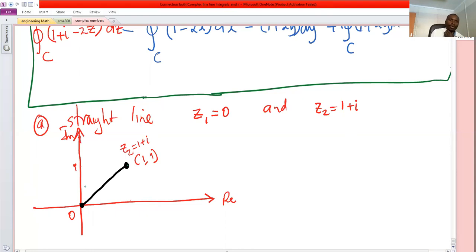So which means that now we're simply integrating from this value, which is 1.